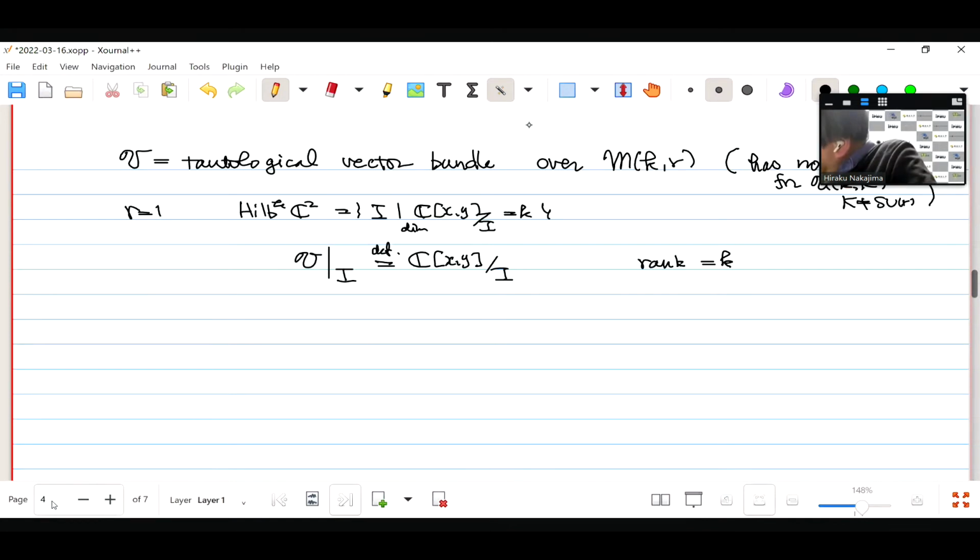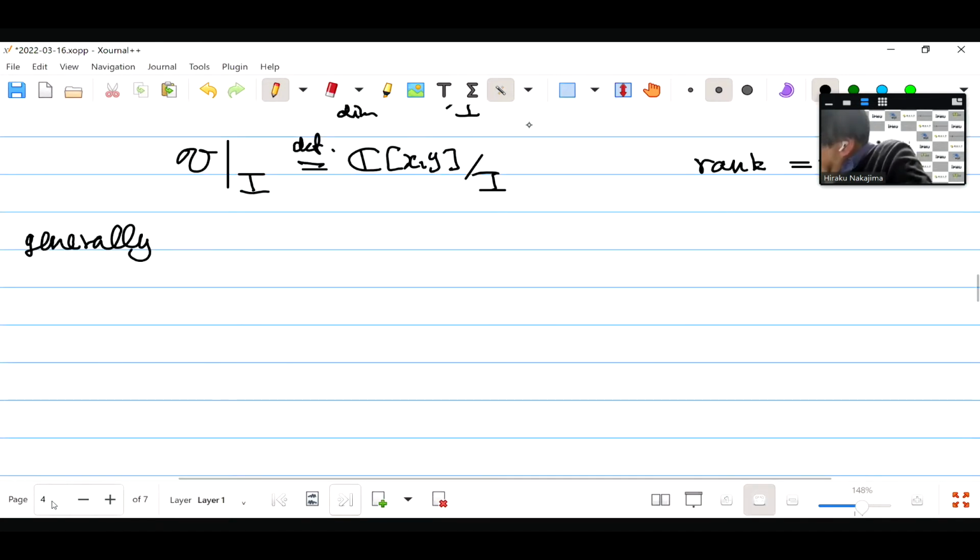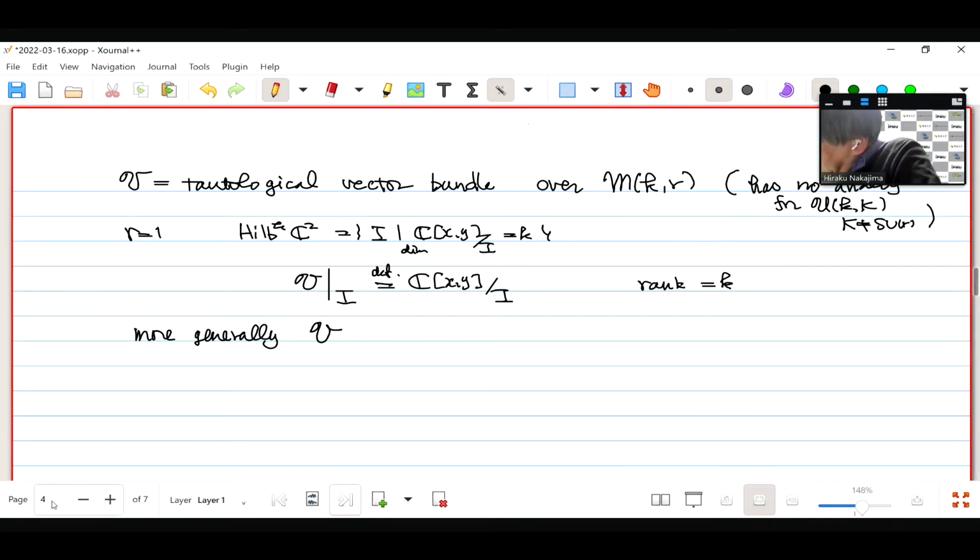And more generally, V is a vector bundle over M(K, R). The rank is again K. And it contains the product of Hilbert schemes of K1 times and so on.